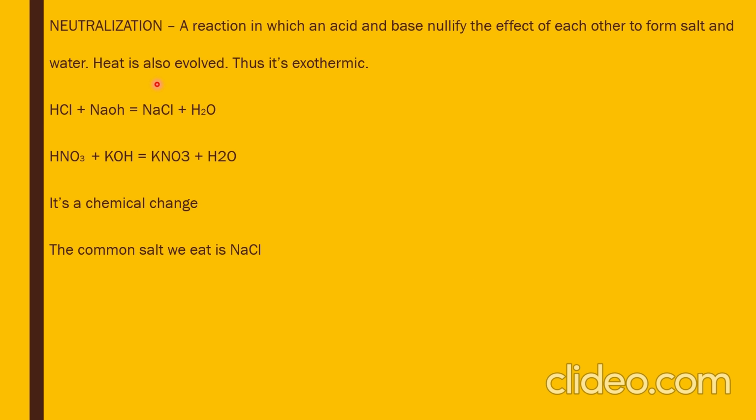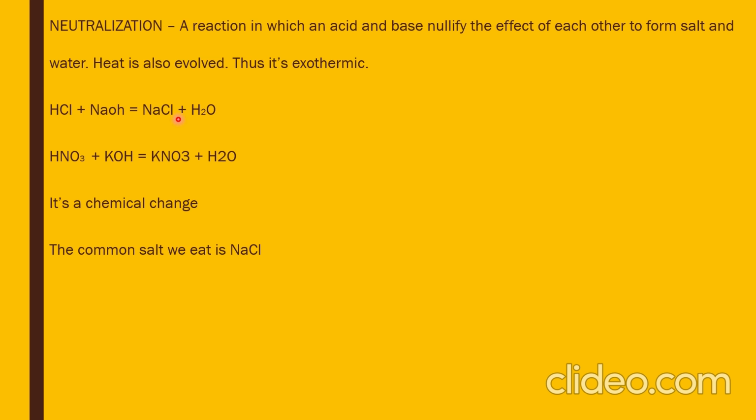So what happens in neutralization? An acid and a base come together. Now what is the product? Basically if there is a chemical reaction, we know that one side is the reactants which are going to react and the other side is the products. So the reactants are 1 acid and 1 base and the products are 1 salt and 1 water.